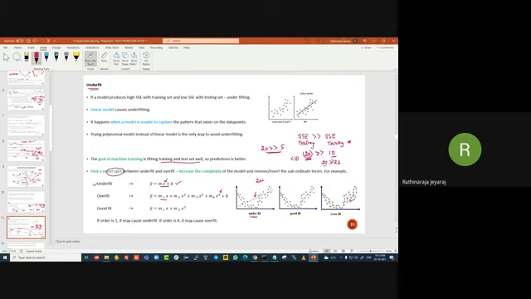In the testing time, when it sees some different data points, it cannot fit the same way as it appears here. So the sum of squared error during training time will be way lower than the sum of squared error during testing time. So this is called overfit. All right, that's the equation here.